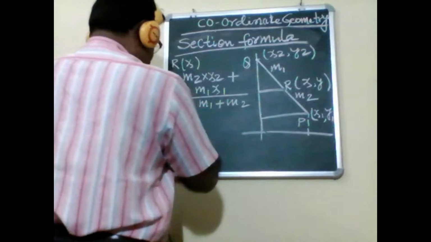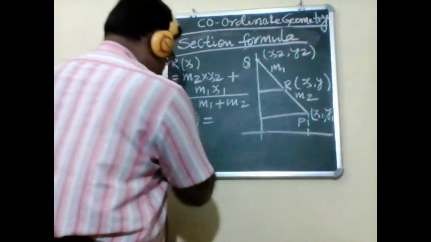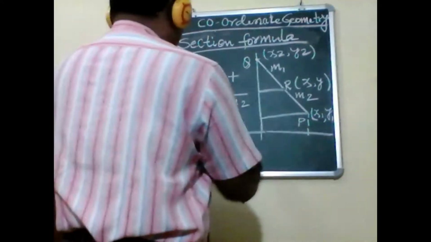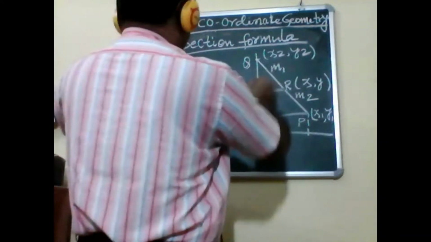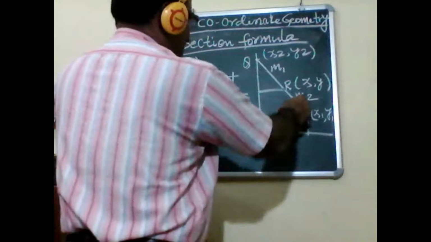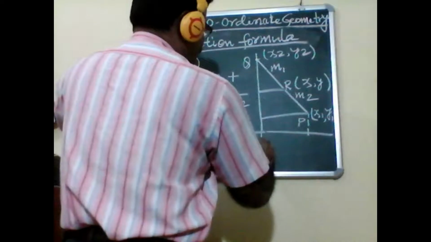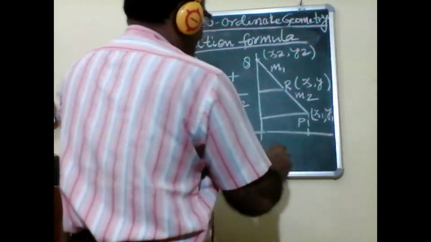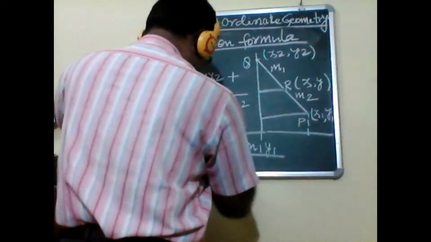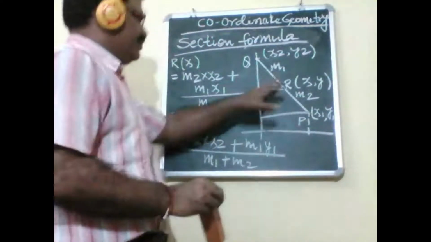And the y coordinate can be obtained the same way: m2 into y2 plus m1 into y1 by m1 plus m2. So these are the coordinates of point R.